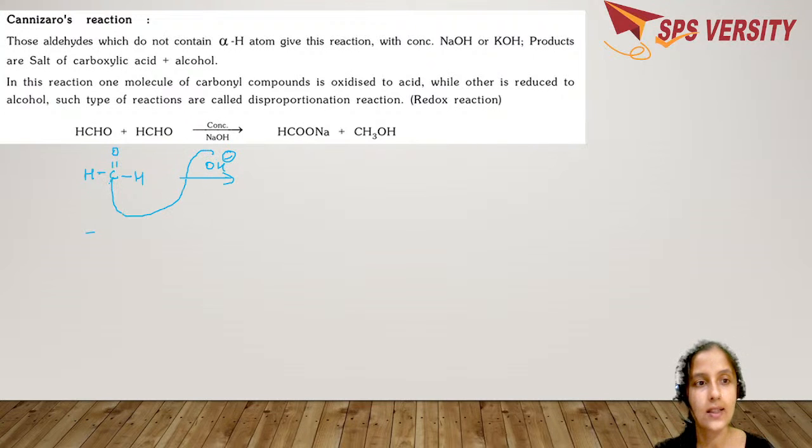This comes and attacks this carbonyl carbon, as the carbonyl carbon is positively charged, and the shifting takes place. This shifting will happen, resulting in the formation of H, C, and this is H, this is OH, and O minus. I think you get it. The bond shifts here.